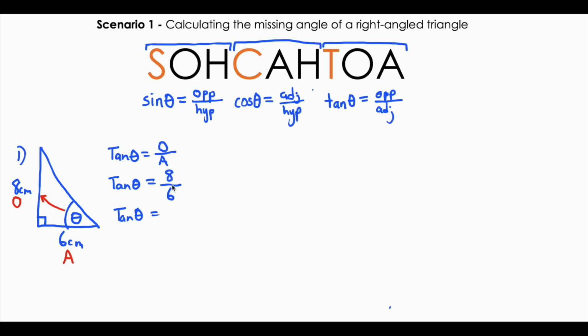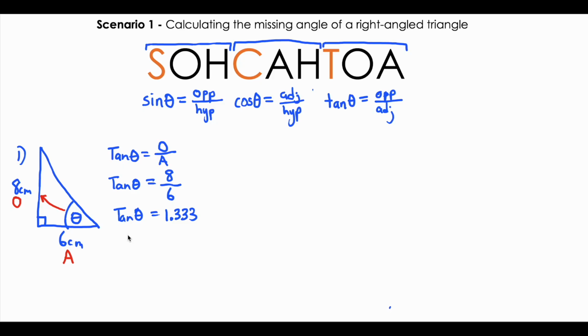So 8 divided by 6 gives me 1.333, and I always do these ratio parts to 3 decimal places. I just put in my calculator 8 divided by 6. Y'all follow that?